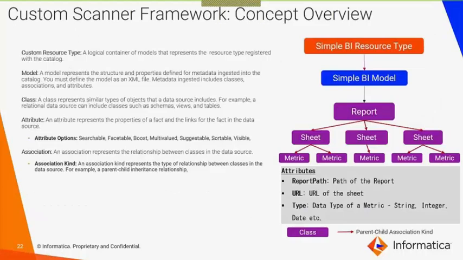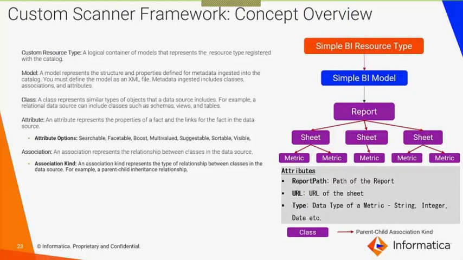Now let me talk about this whole custom framework a little further. Your typical BI resource type, let's say, has a model, a report, a few sheets, and a few metrics.